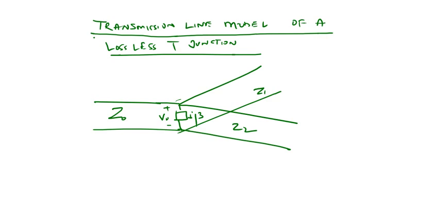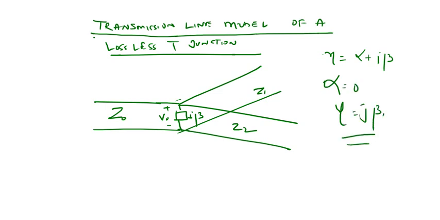Okay, now if you have a lossless divider, in this figure, in transmission line there is a term called propagation constant, that is alpha plus j beta. For the lossless condition alpha is 0, so gamma will become j beta only.